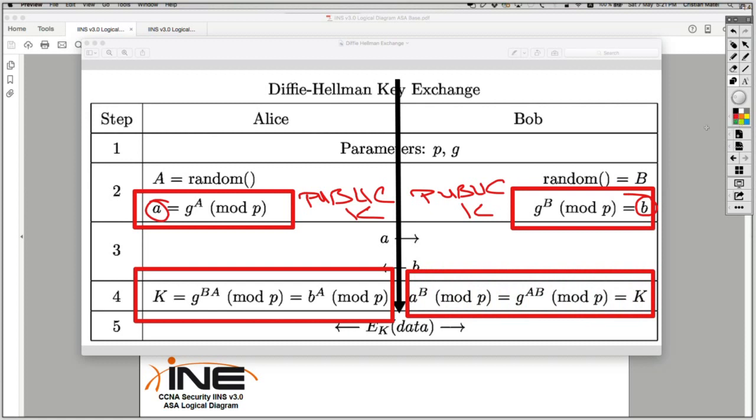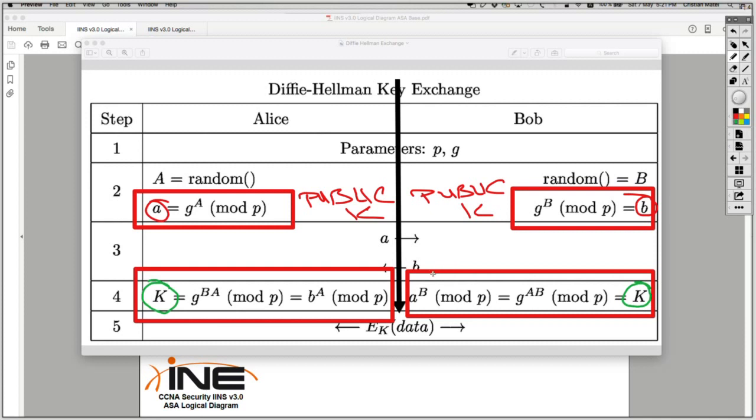So if you take Alice, Alice uses the G and P values, which were commonly known to both Bob and Alice, then uses its private key and Bob's public key as well, and they end up together with the same K value, where the K value is going to be that common shared secret key. But they don't exchange that value over the wire.